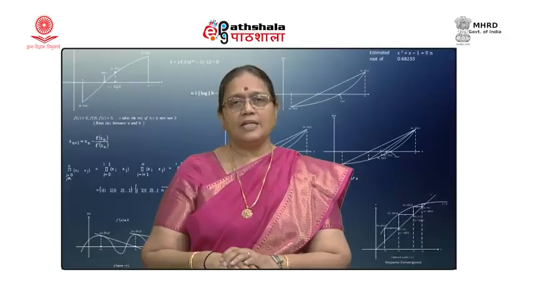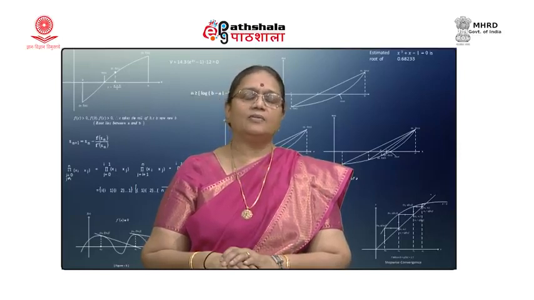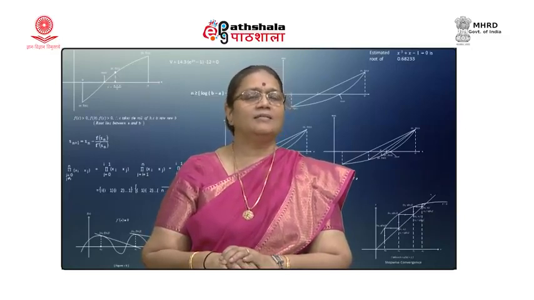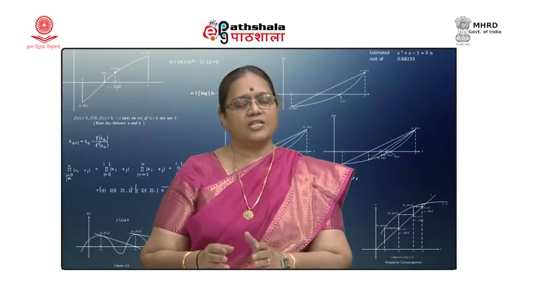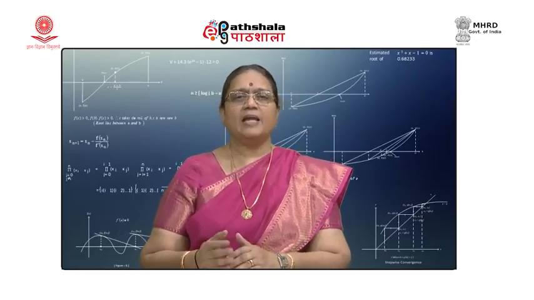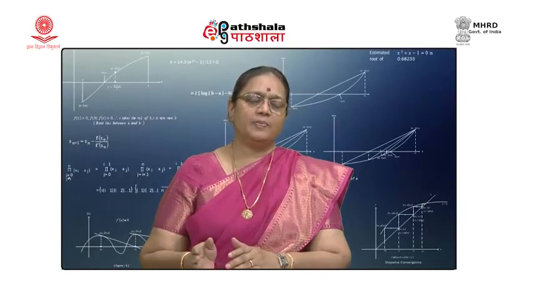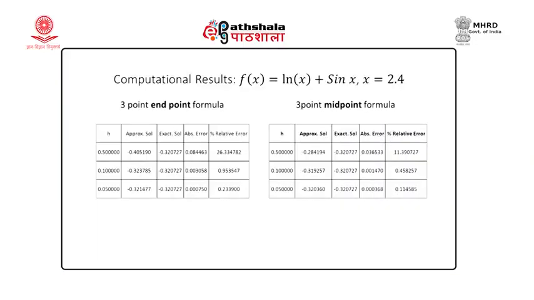Though these are 3 formulas, the first and third formulas as such are not independent. If in the first I change h to minus h, I will get the third formula, and if I change h to minus h in the third formula, I will get the first formula, because one of the points will be x0 and the others will become x0 plus h and x0 plus 2h. So, these two formulas are not independent.